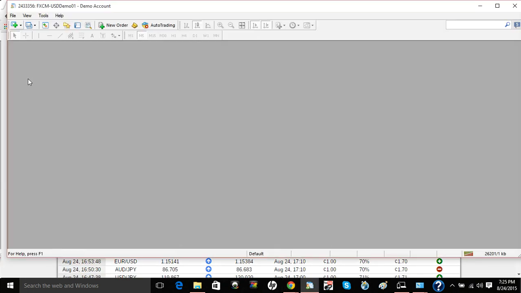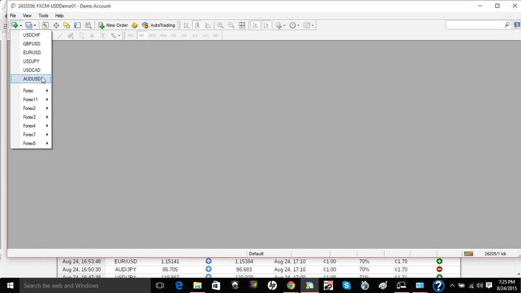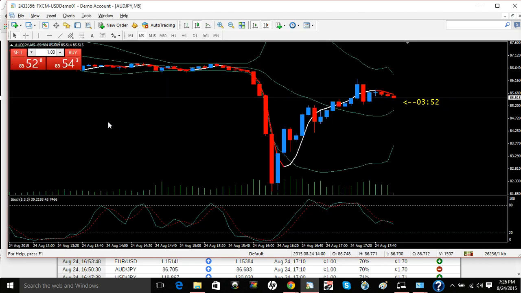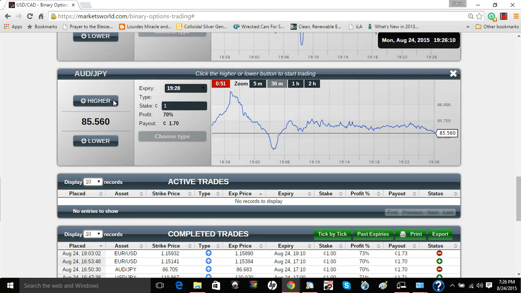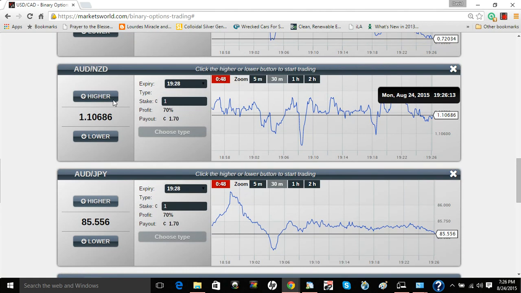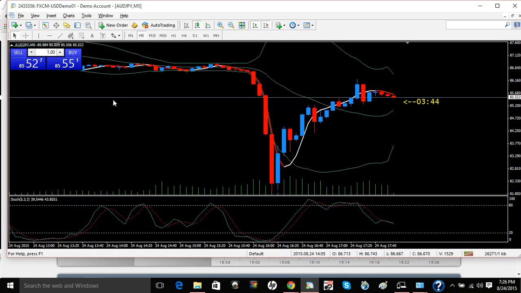AUD JPY, wherever that's at. Okay, and make sure it's on the 5-minute chart. And then go up here, AUD New Zealand dollar is next.